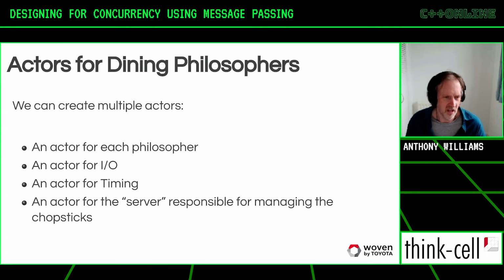We're going to have another microservice responsible for managing timing, so that if a philosopher wants to wait, they can send a message to the timing microservice saying give me a nudge in 5 minutes because I'm going to want to eat then. And then we're going to have another actor or microservice responsible for managing the chopsticks.